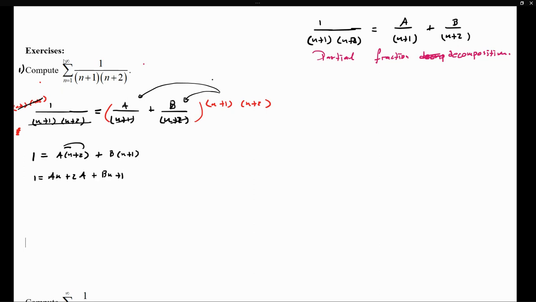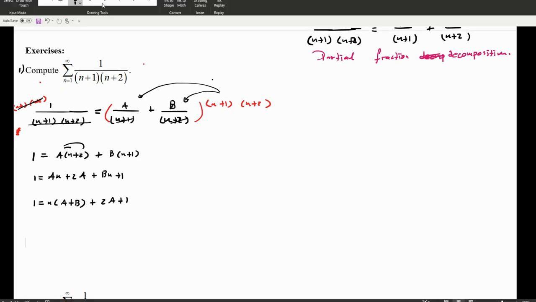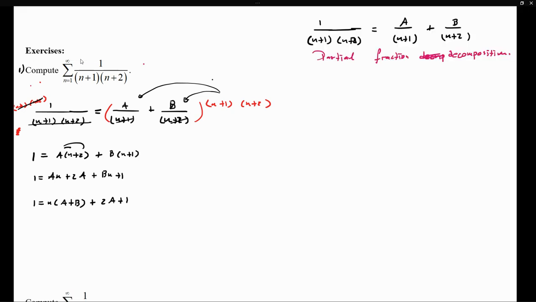If you remember, what you want to do is group those terms that have the variable, which in this case is n. So we can rewrite this as n times a plus b, plus 2a plus b. Now we want to match up the coefficients. Notice that the value 1 is also equivalent to 0n plus 1.